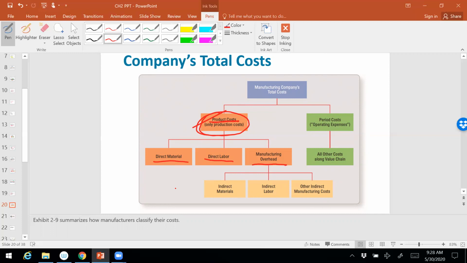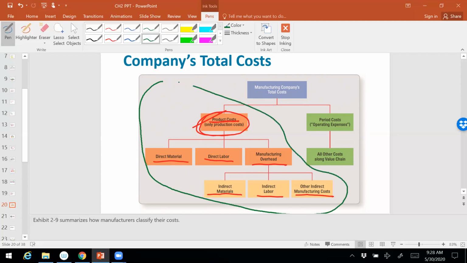For manufacturing overhead, we have indirect material, indirect labor, and other indirect manufacturing costs. So you can say it's really a lot of things in this product cost. Watch that video, do some quizzes with me. I bet you will feel better.